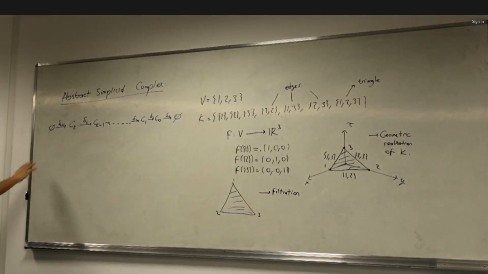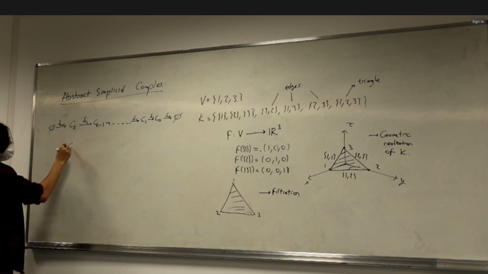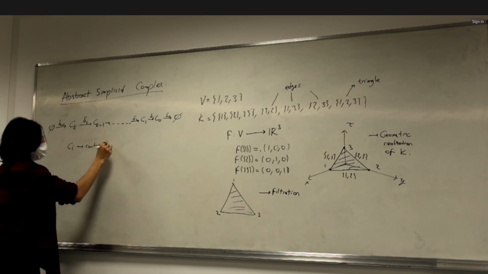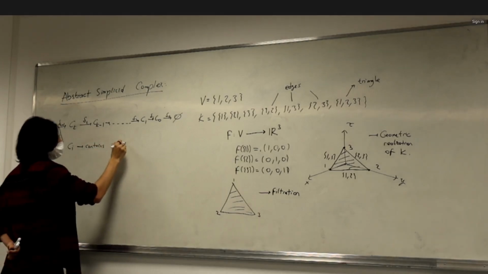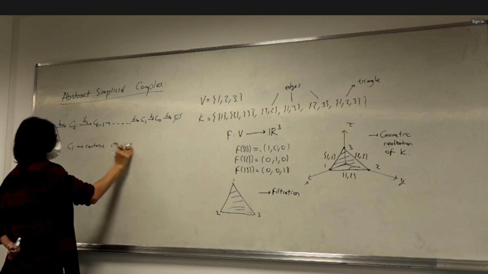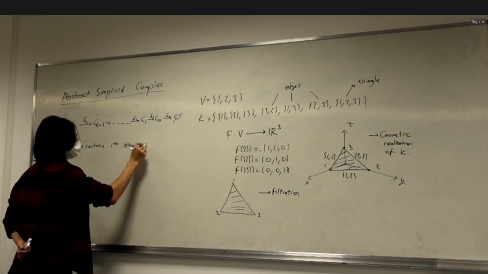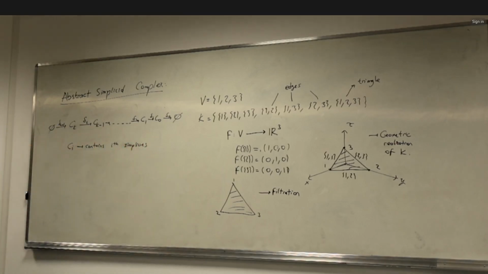The chain complex is defined as: Ci contains the ith simplices, which have dimension i.